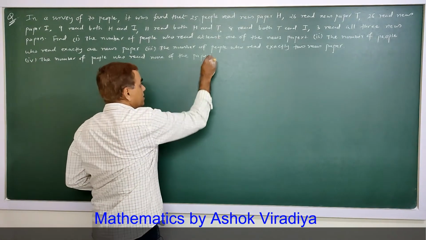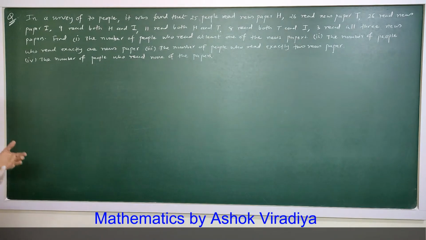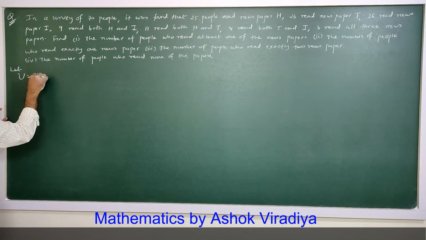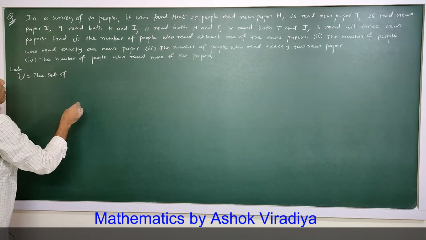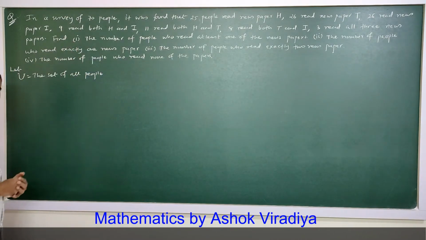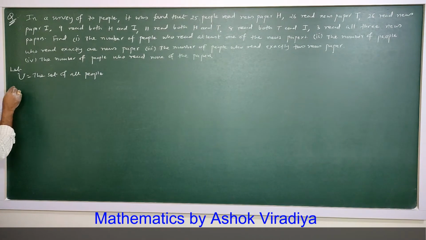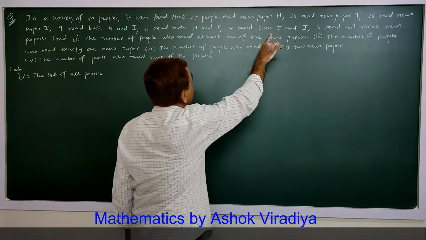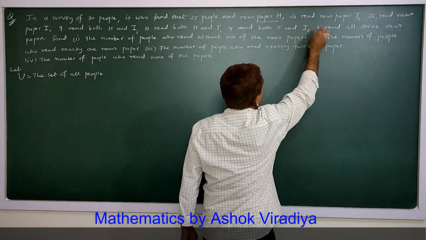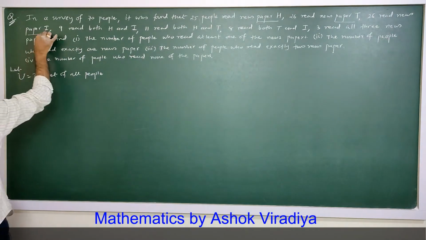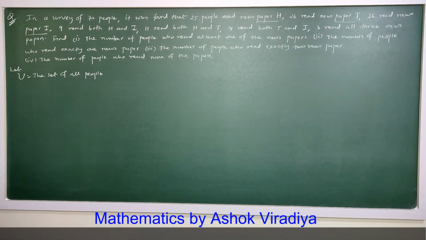So to solve the question, let us take symbols for sets. We take U be the set of all people on which the survey has been done. There are 3 newspapers, paper H, paper T and paper I. So we are supposing the same symbols.